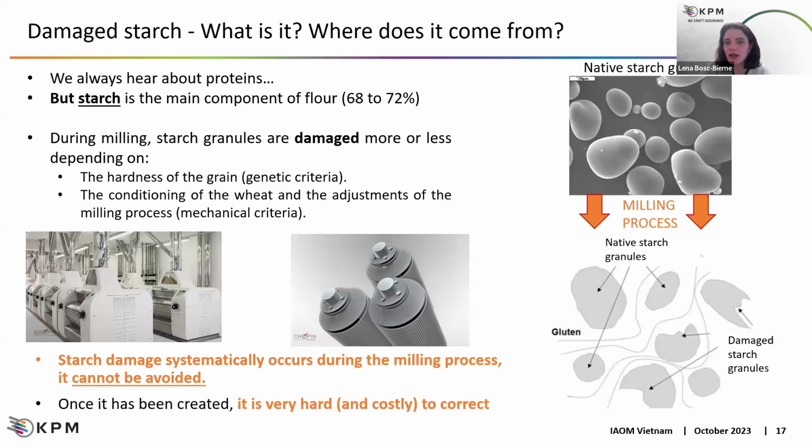There is nothing equivalent that could counteract all the impacts of damaged starch or increase all the impacts of damaged starch as well. Not one magical powder. It's complicated and costly to correct once it's created. So the best way to have it under control is to test it and prevent its appearance or control its appearance.